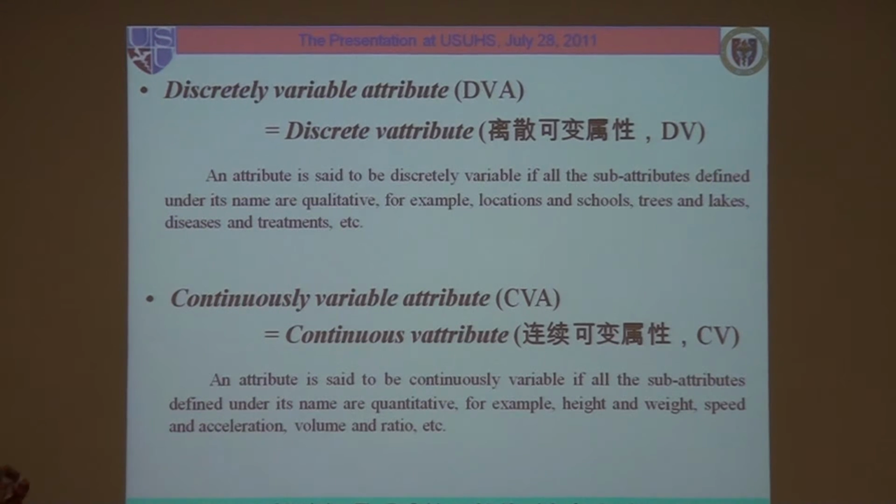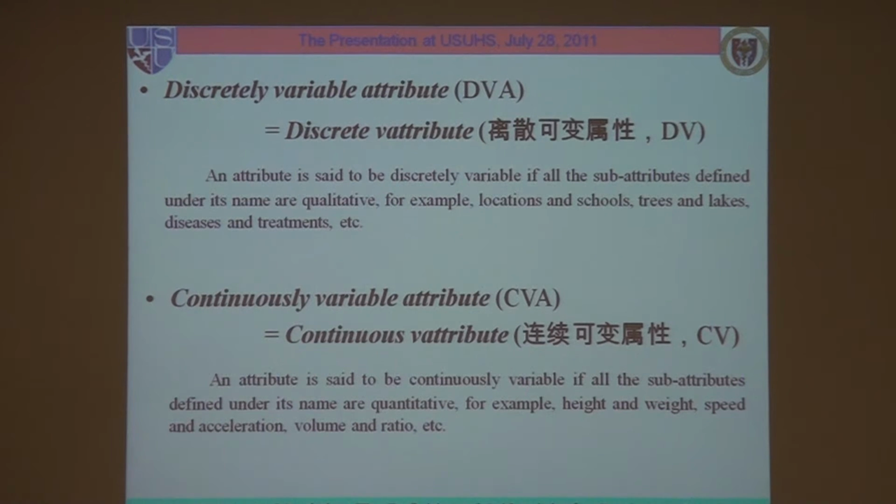So, in all the variable attributes, we have discretely variable attribute, or discrete attribute, and the continuous variable attribute, because we often judge the object with their quality and the quantity, right?